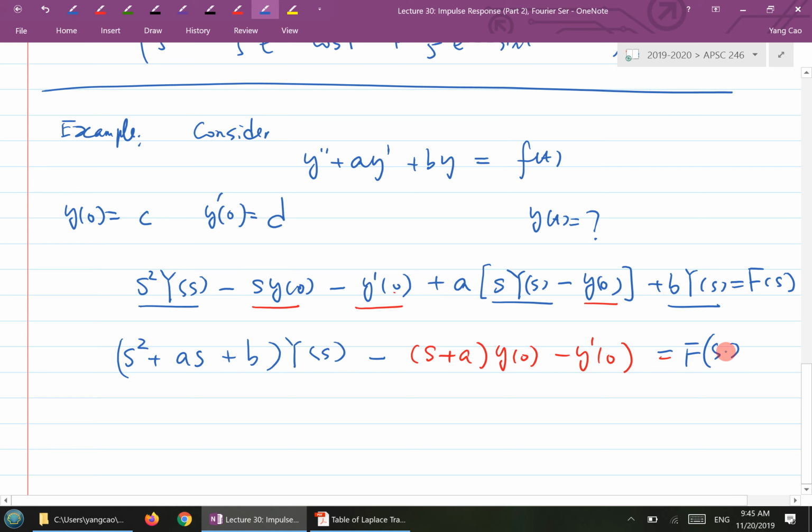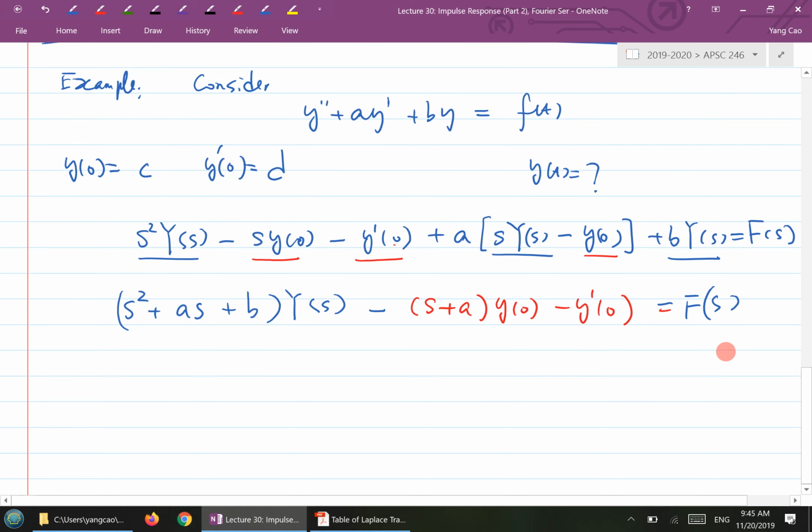The blue color is the portion as if there are no initial conditions. The red color comes solely from initial conditions. So if your initial conditions are 0, then you don't have these two terms. You will have just this, and then basically you're going to get the transfer function.